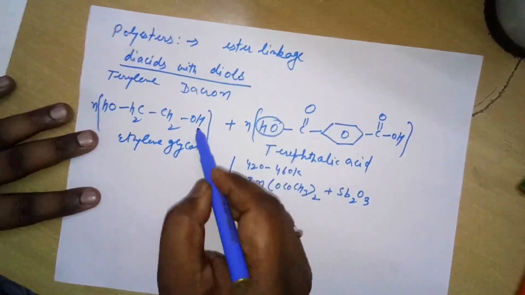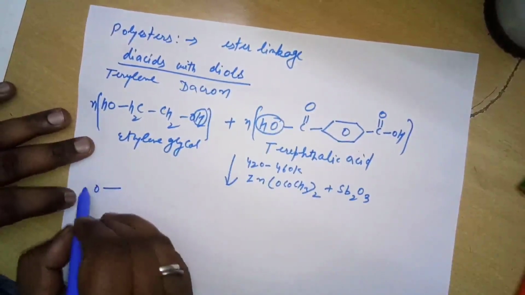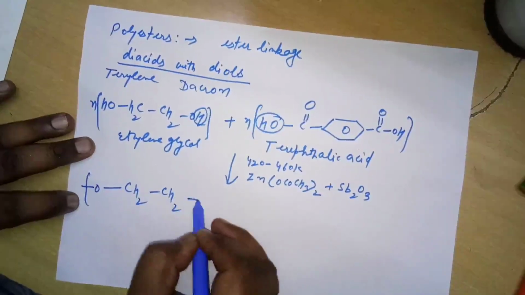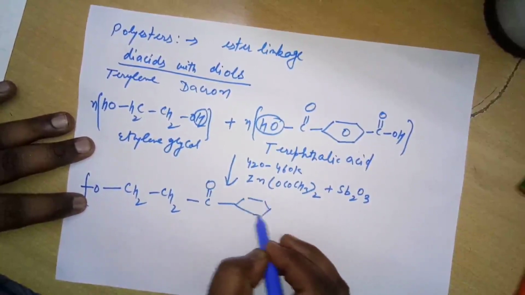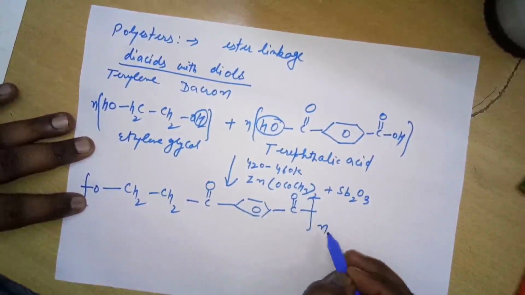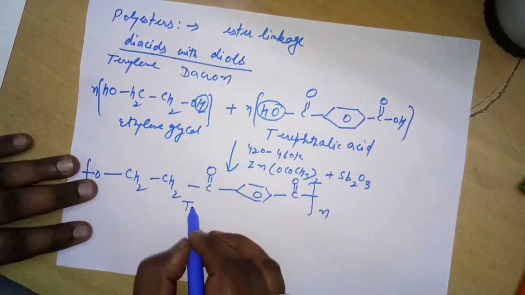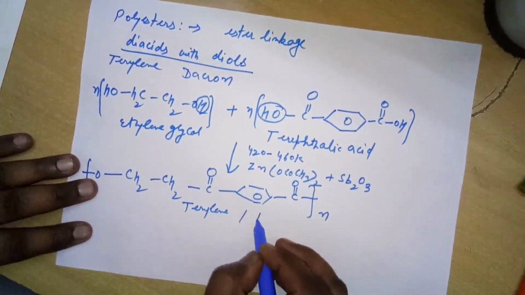OH is removed from here, H from here. So we get this, terylene or dacron.